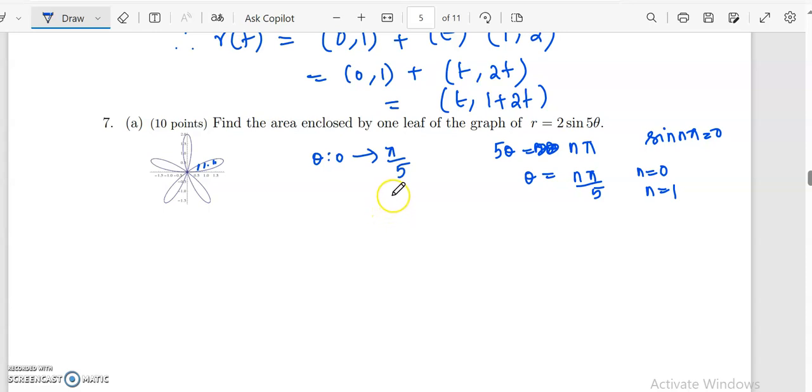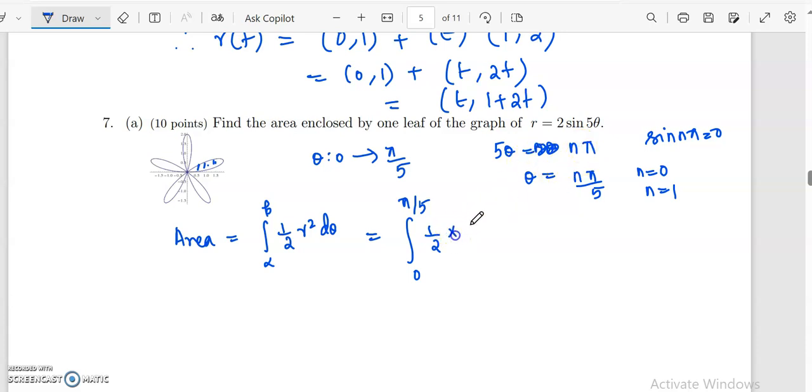So using this, let us find the area enclosed. The area is going to be equal to the integral from alpha to beta of 1 by 2 r square d theta. Here for the first leaf, theta will be varying from 0 to pi by 5, that will be alpha and beta, and we will get 1 by 2 r square.